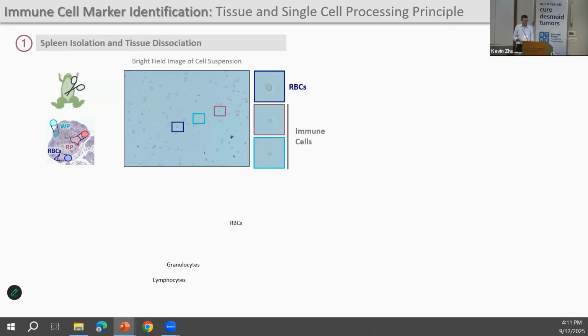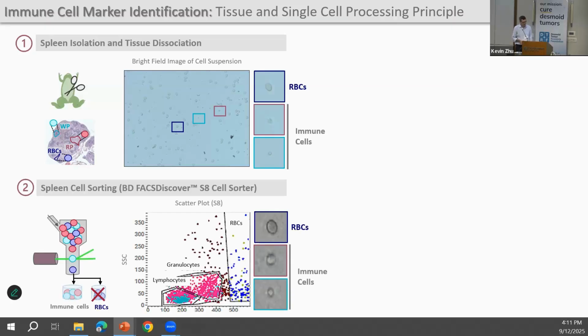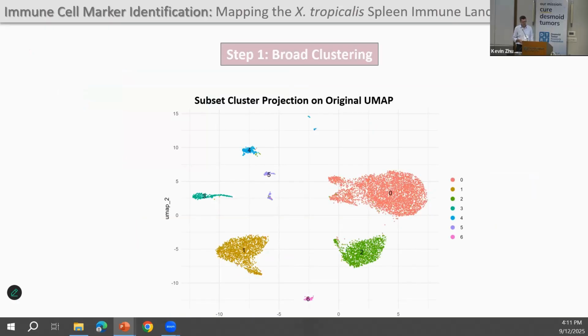We used the spleen to do single cell sequencing and find this way in UMAPs, clustering, the classical thing, then do subclusters.